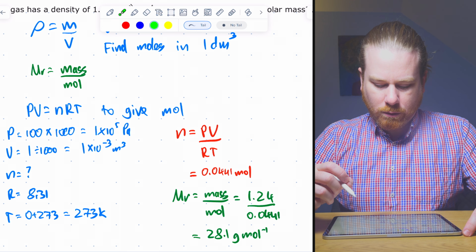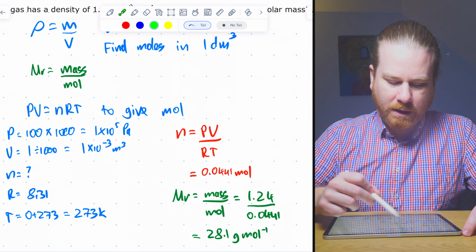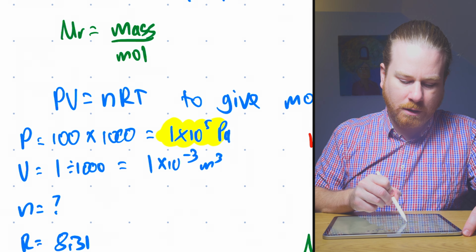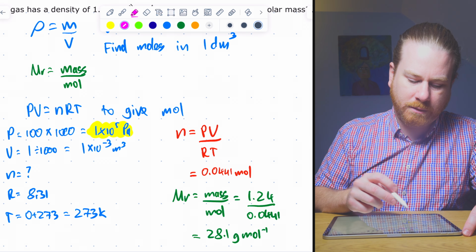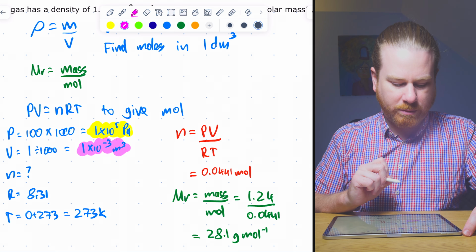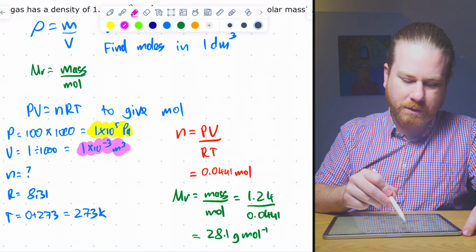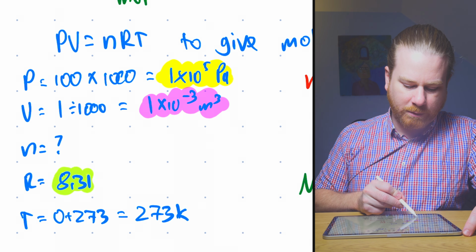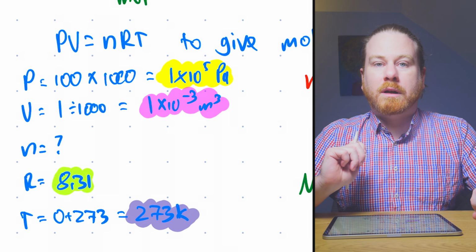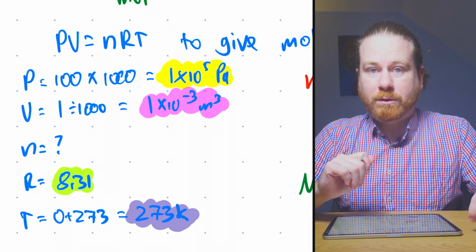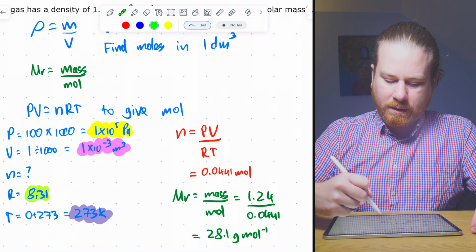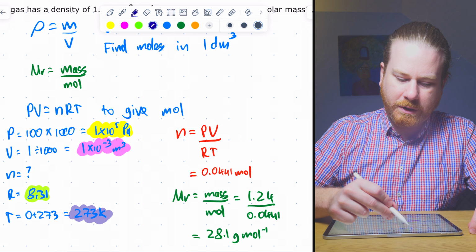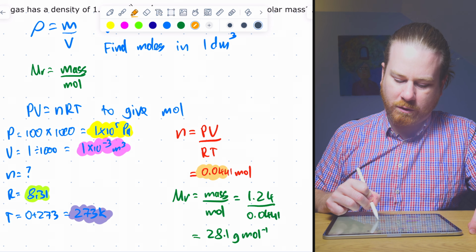Again, we're converting all of the numbers, so we can quickly go through that: converting our pressure to pascals, volume to meters cubed, and again solving for number of moles. 8.31 is still the gas constant, and we've got our temperature of 273 Kelvin. Quite straightforward, just put the numbers into the equation and we get our number of moles.